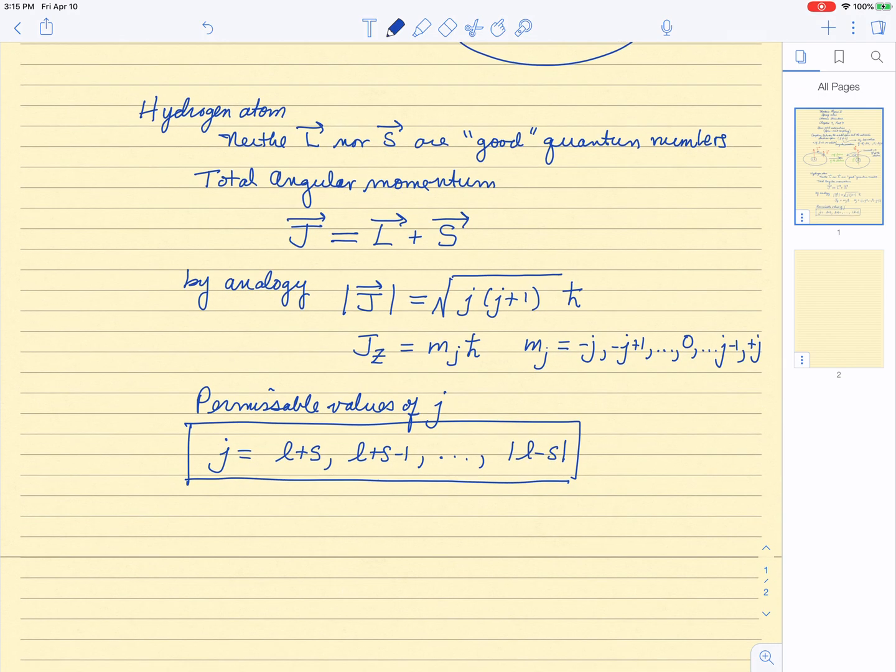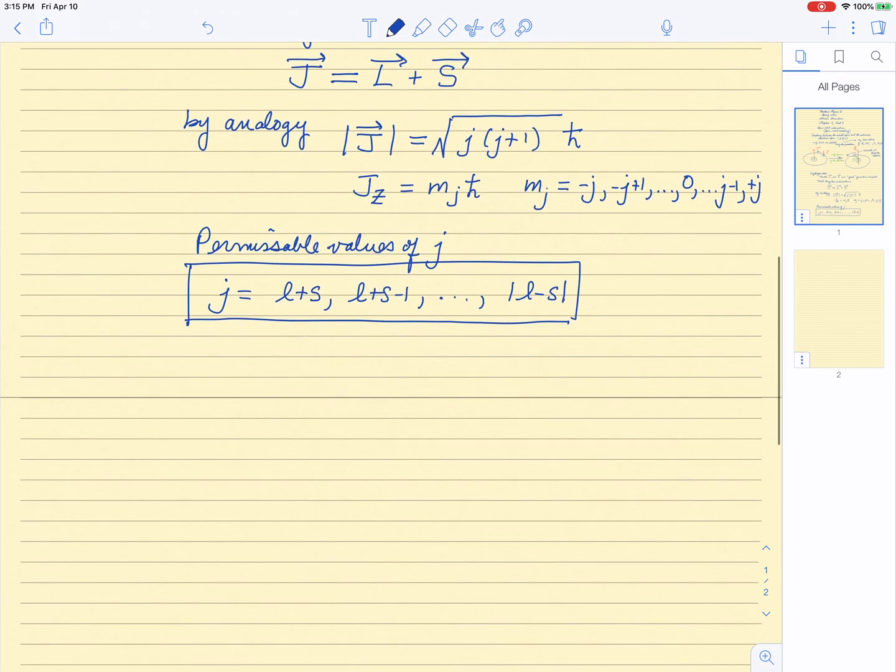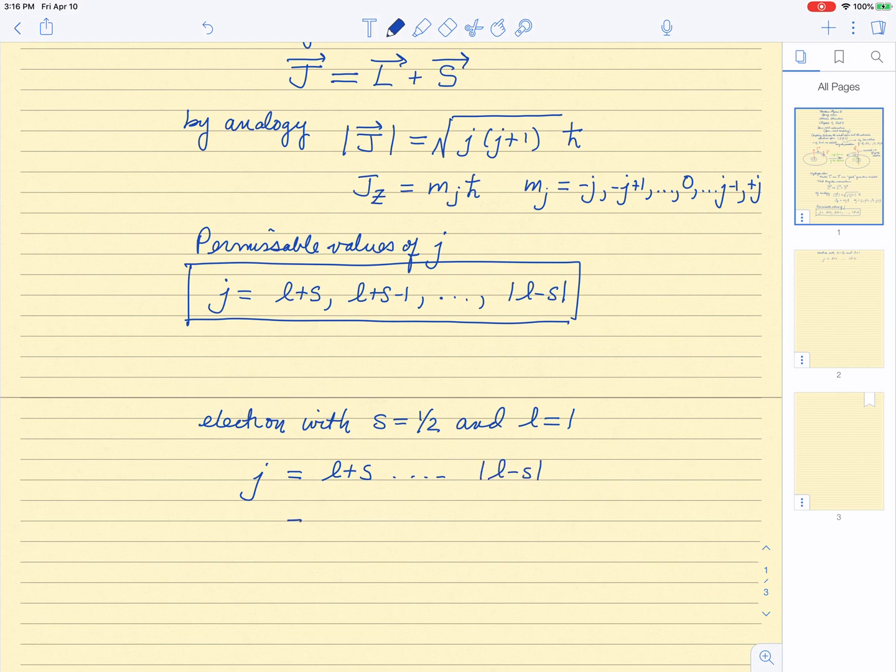For instance, if we look at an example for an electron with S equals 1/2 and L equals 1, then the permissible values of J are going to be L plus S, all the way down to the absolute value of L minus S in increments of 1.